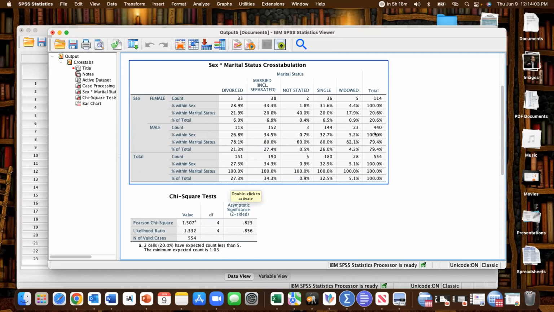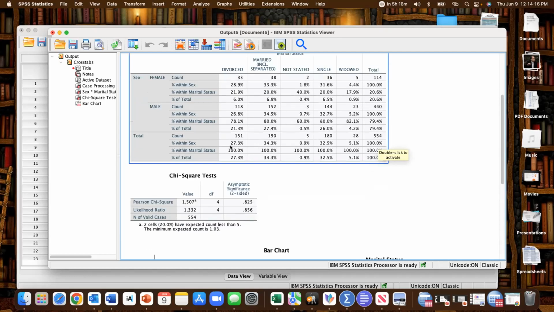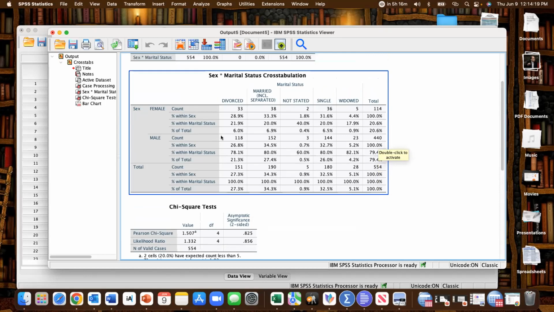If we add this 20.6% and this 79.4%, we get 100%. And if we look at our total of men and women combined, 27.3 were divorced. This is the combined total. If we look down these columns, this percentage here just gives us the whole percentage down the column.